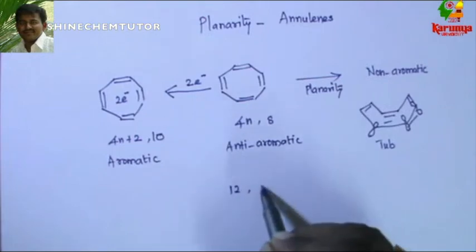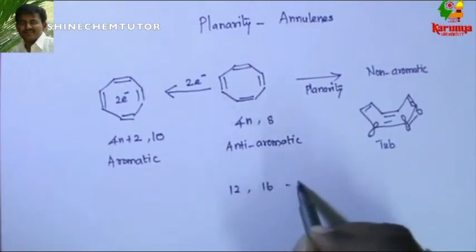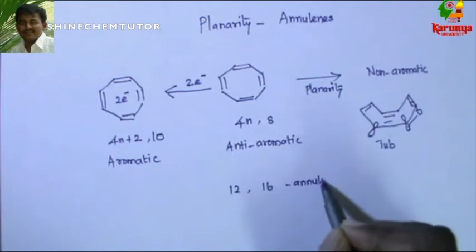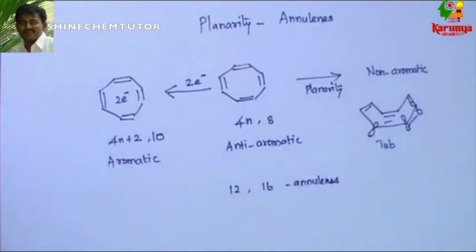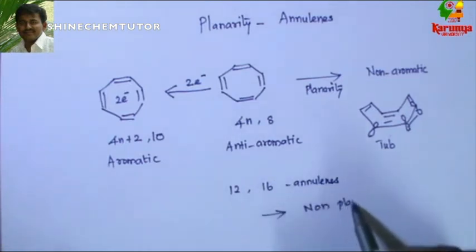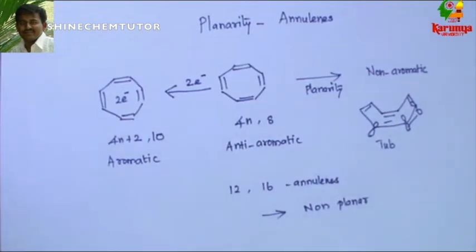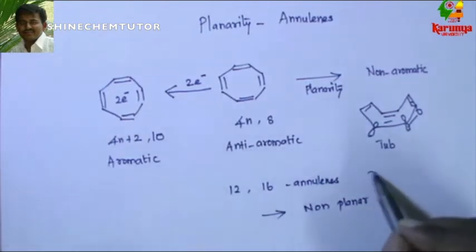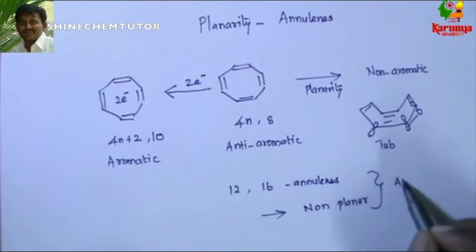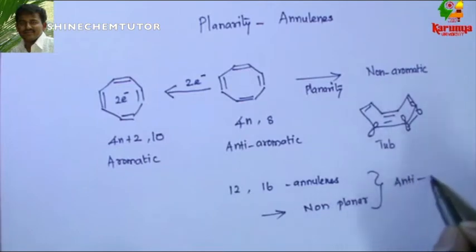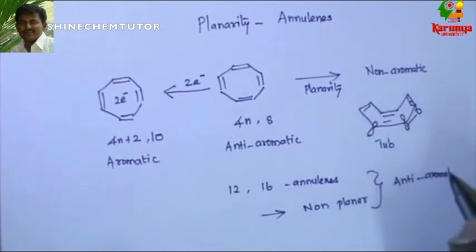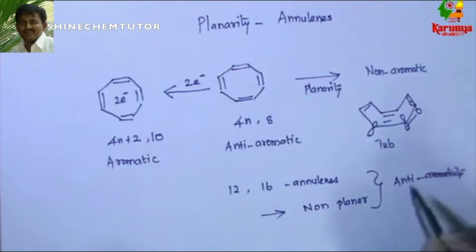For the same reason, 12 annulene, 16 annulene, in which the number of pi electrons are multiples of 4, they are non-planar. And there is no question about anti-aromaticity. It cannot be anti-aromatic.